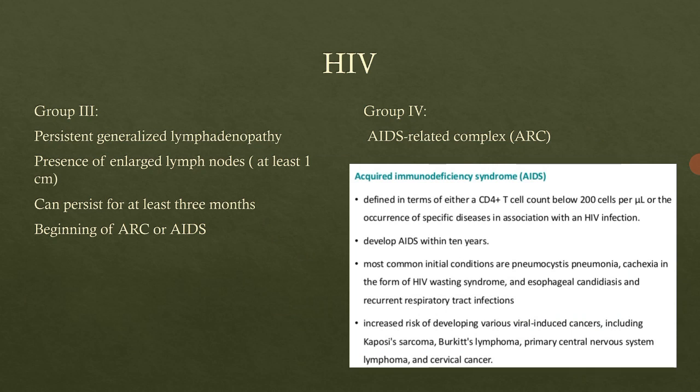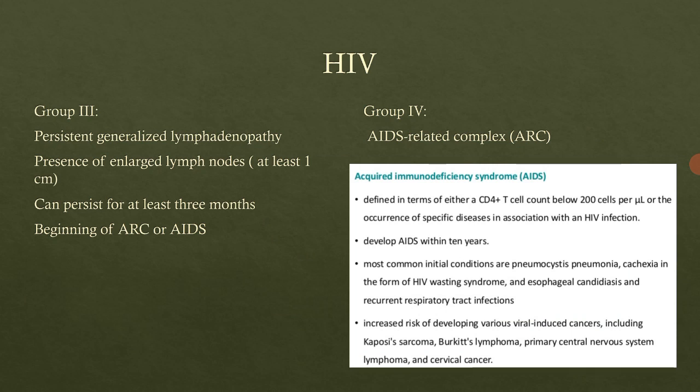So in group 3, there is persistent generalized lymphadenopathy, in which the presence of enlarged lymph nodes can be observed, and that can persist for at least 3 months. Now this can be the beginning of the ARC or the AIDS. Now this is about group 3.